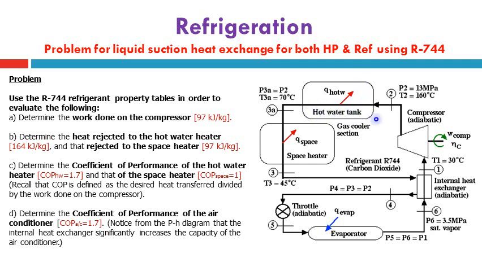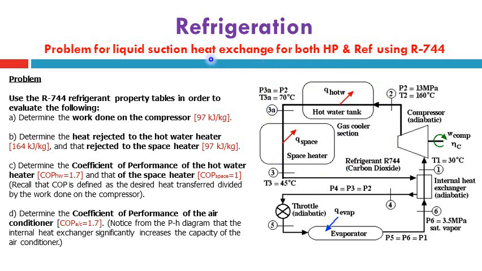The hot water will gain this amount of heat, which reduces the gas temperature from T2 160 degrees Celsius to 70 degrees Celsius, indicated here as T3A, and pressure P3A, which is still constant during the second stage of heat removal in a space heater that will cool down also the CO2 and add heat to this space. So this cycle can act as a heat pump.